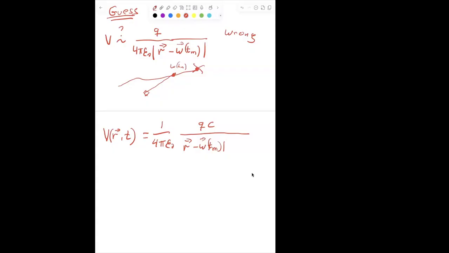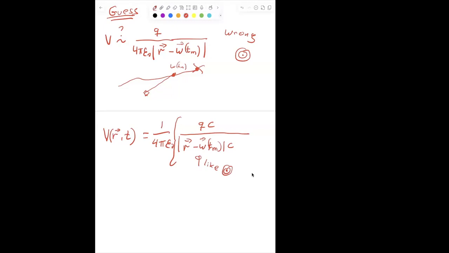Absolute value, c. And you see this term like this one. So this is what you would expect. You would expect this previous time is where the particle is.